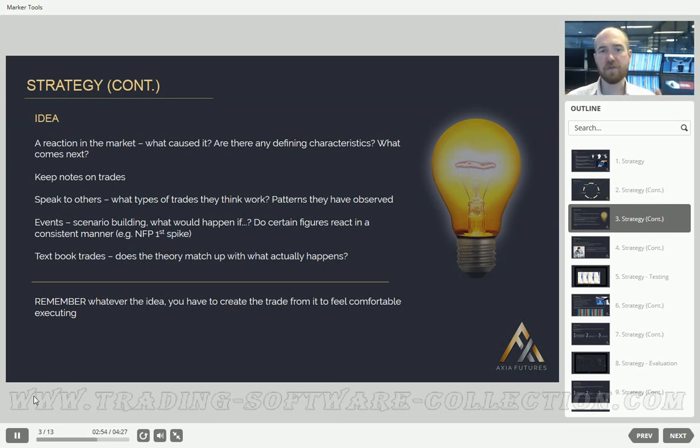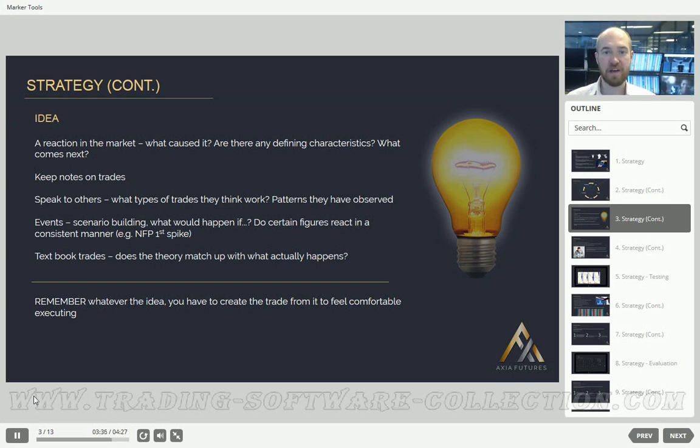There's a lot of textbooks that will tell you, if you see this, this will happen. Go and question those, because I do know that some of these trades have been proven not to work. I'll give you a good example, which for quite a while was not working very well: an open drive type trade in the Bunds, that if you opened and then drove down or up, and so the opening price was the high or low of the day, it was actually, rather than that turning into a trend day, which would be the expectation of an open drive trade, what was happening is actually that would indicate that the market is highly likely to go back and take out that high or low.